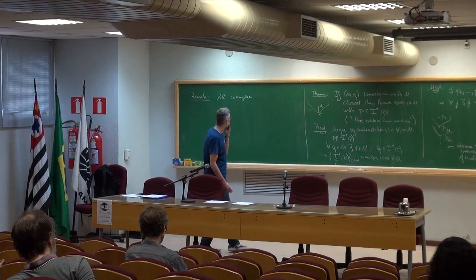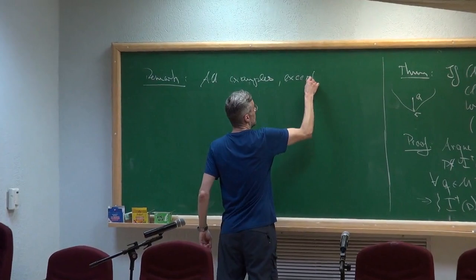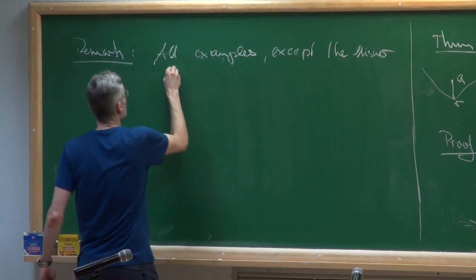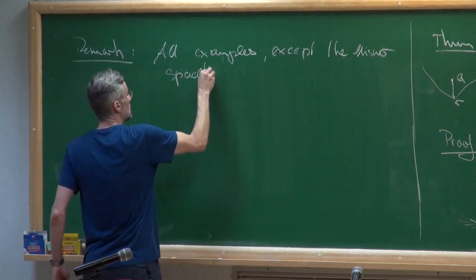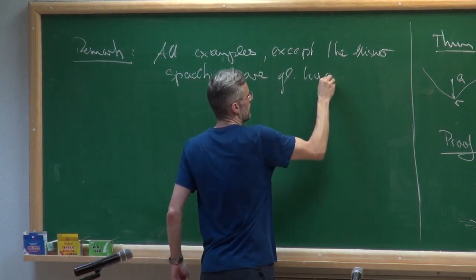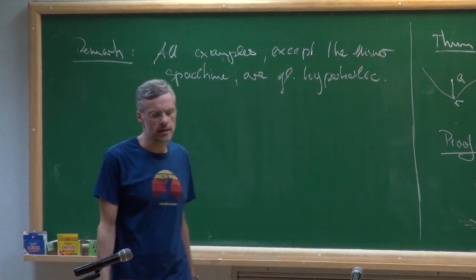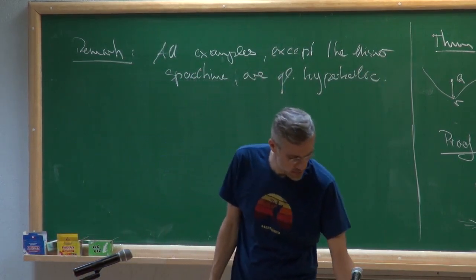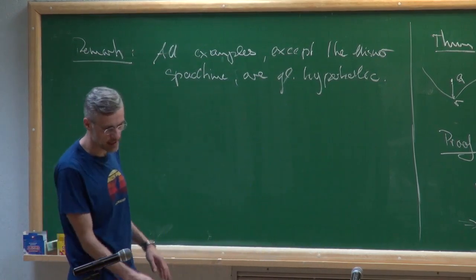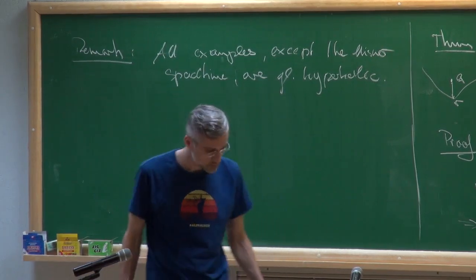Okay. So all examples I've shown you before, except the Misner spacetime, are globally hyperbolic. Especially all spacetimes that are usually considered in GR are globally hyperbolic, except for some pathological examples.